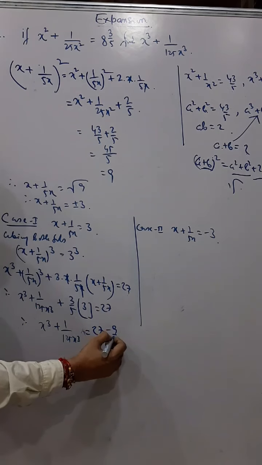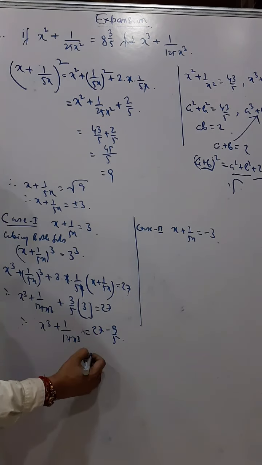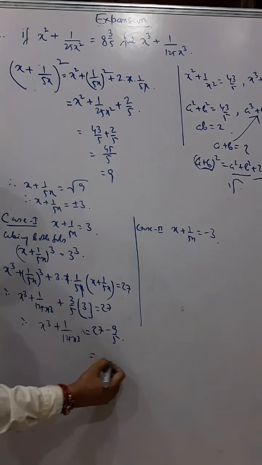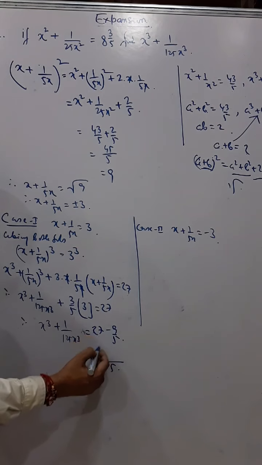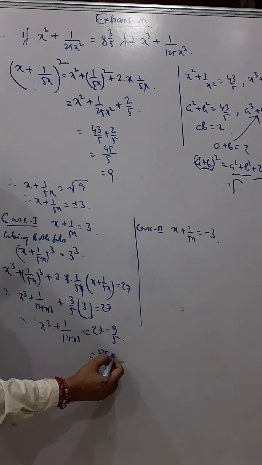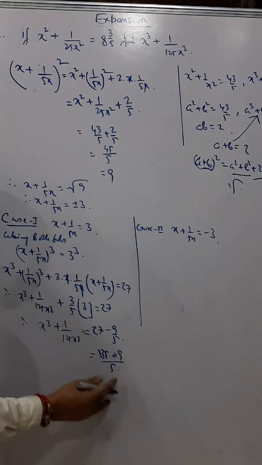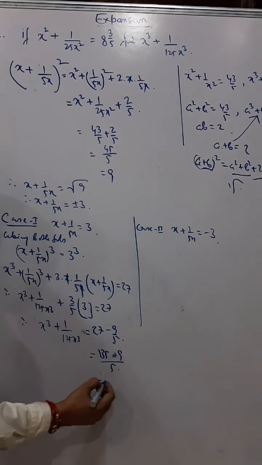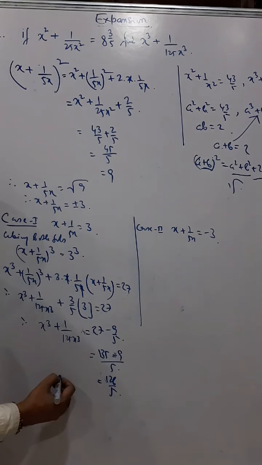So minus 9 by 5, and then I take LCM, and 27 here gets how much? 135 minus 9, and you are getting 126 by 5.